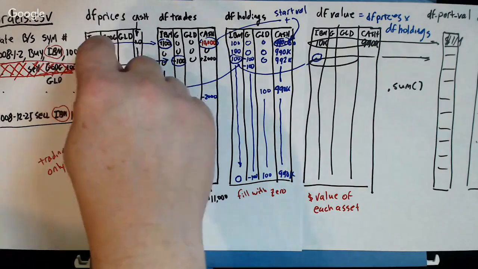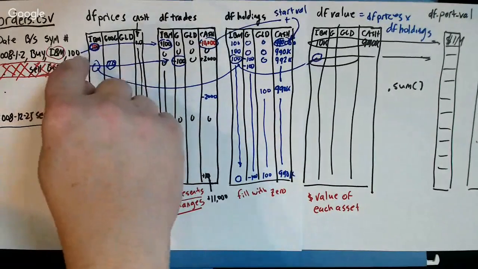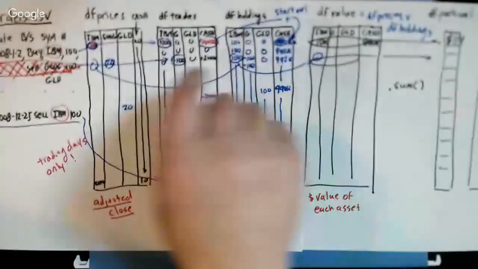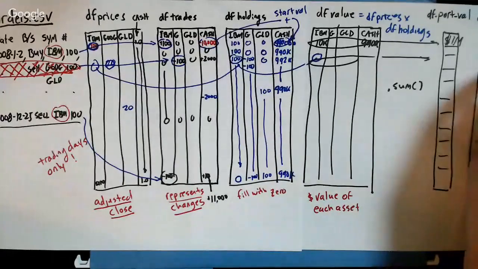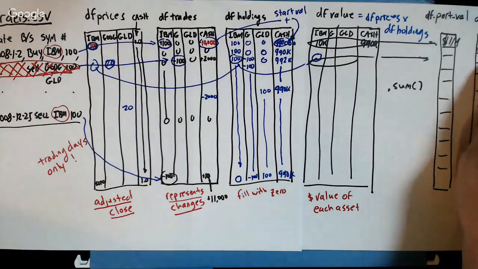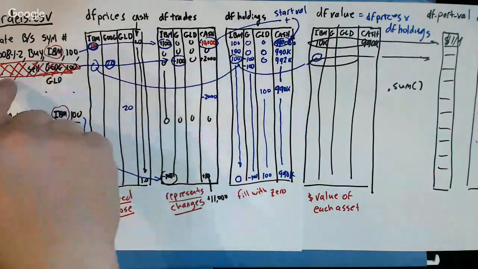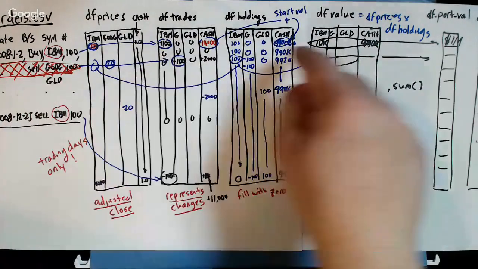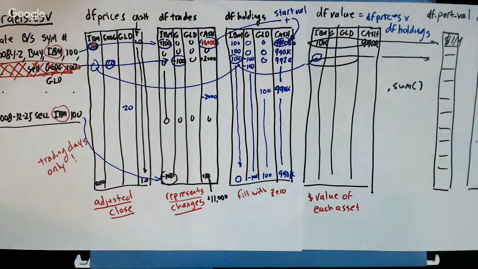So you start on the start date, you look at the orders if there are any, and you update each of these for that corresponding row, and you check to see, was leverage exceeded that day. Then you go to the next day and update each of these sort of across like this.